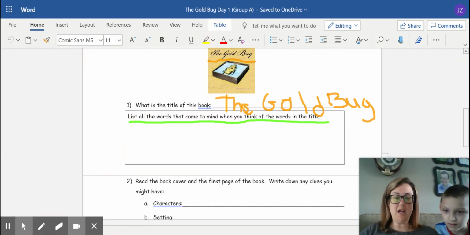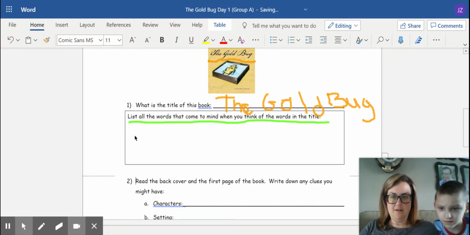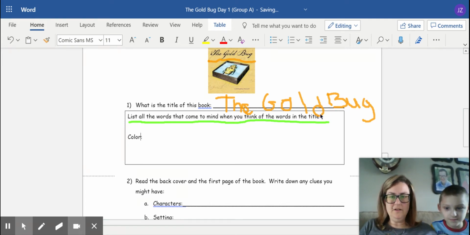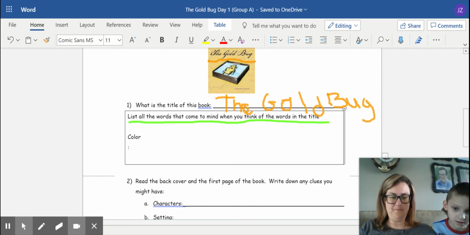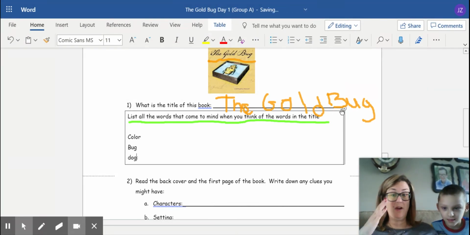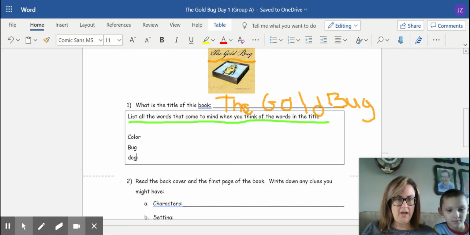Whether it be a color, it could be bug, it could be a dog, because we read about a dog. But I have no set number, I want you to come up with a number of words that you can think of that go along with this title.